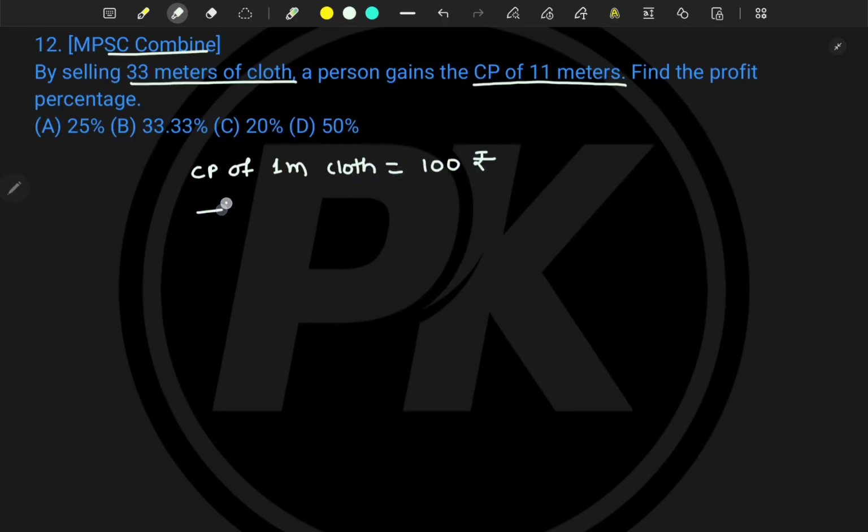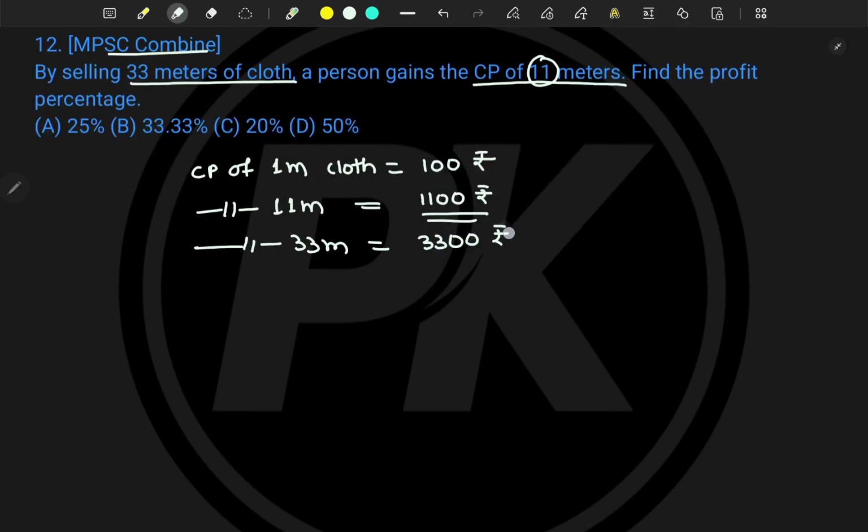Now tell me the cost price of 11 meters of cloth. That will be equal to 1100 rupees, right? And then the cost price of 33 meters of cloth will be equal to 3300.